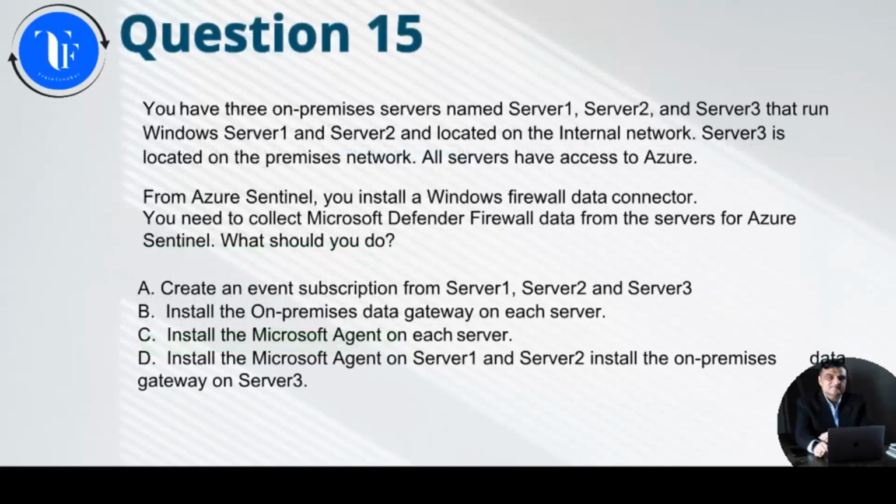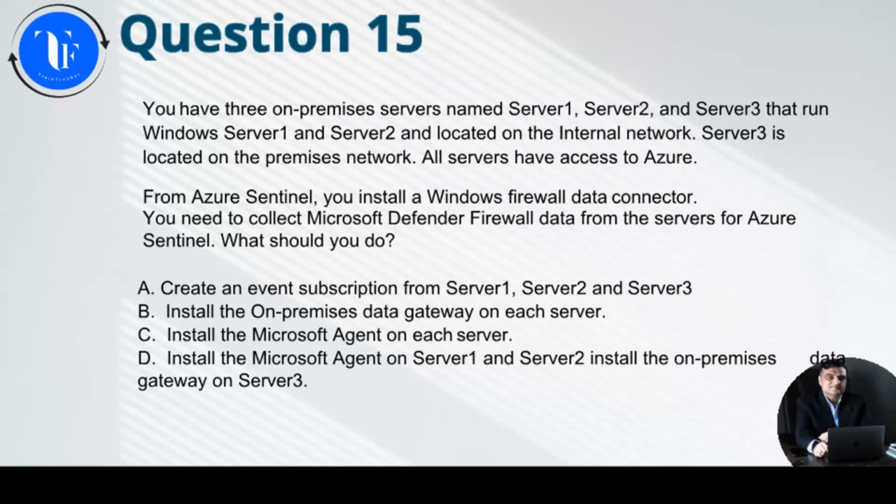Question 15. You have three on-premises servers named Server1, Server2, and Server3 that run Windows Server. Server1 and Server2 are located on the internal network. Server3 is located on the perimeter network. All servers have access to Azure. From Azure Sentinel, you install a Windows Firewall data connector. You need to collect Microsoft Defender firewall data from the servers for Azure Sentinel.